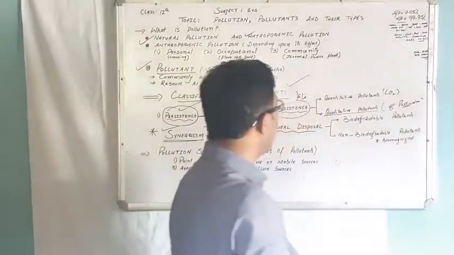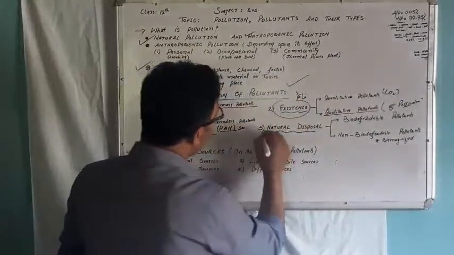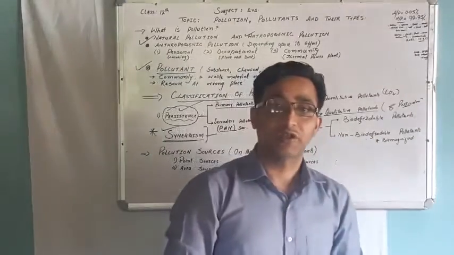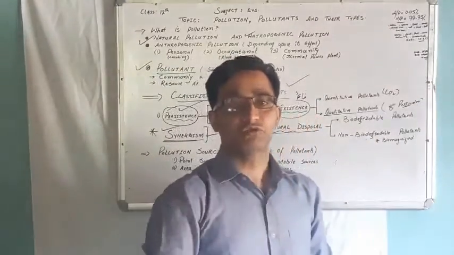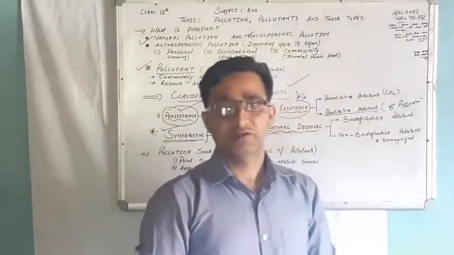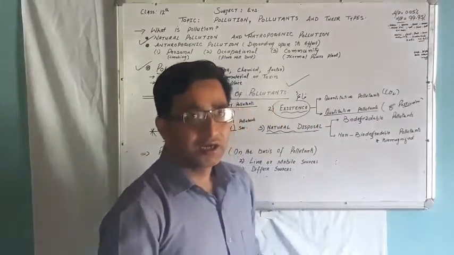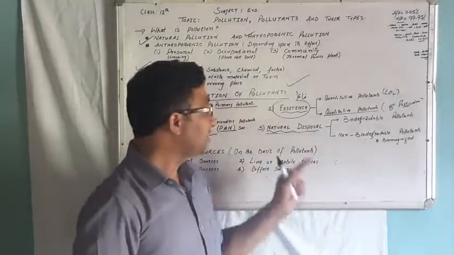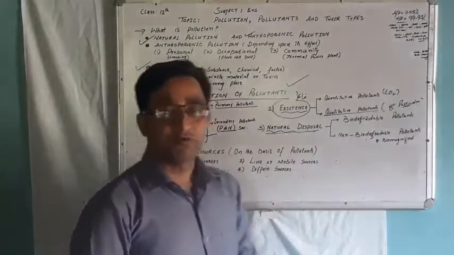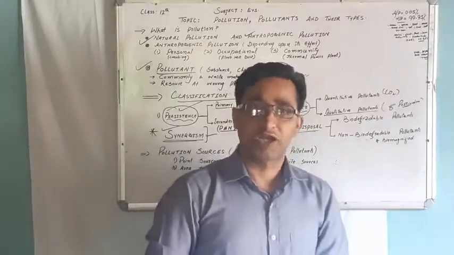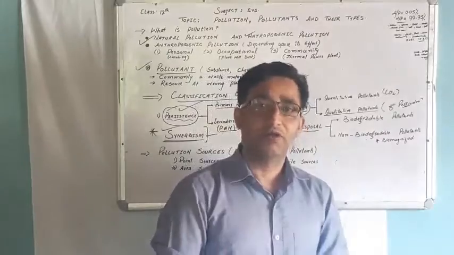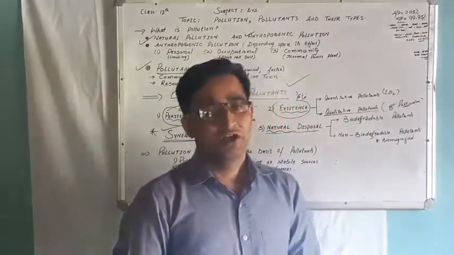Now, another criteria for classifying these pollutants is the natural disposal. ये कैसे डिस्पोज होते हैं नेचुरली, यानी कि depending upon the natural disposal, the pollutants can be of two types: biodegradable pollutants and non-biodegradable pollutants.